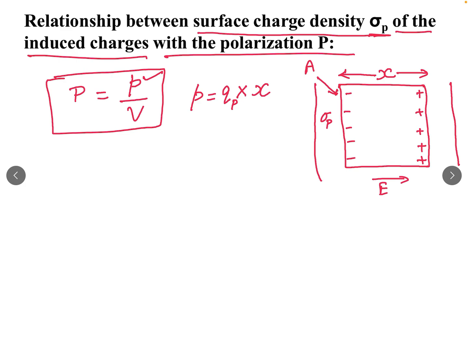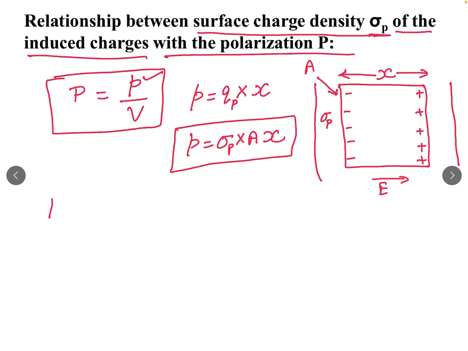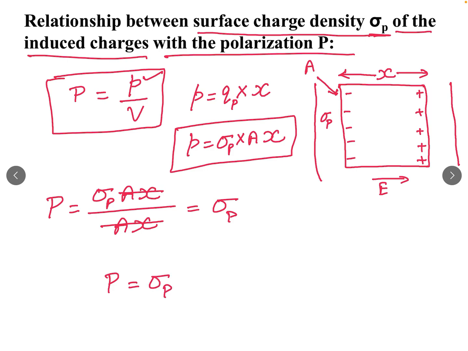Charge means sigma into A. So the dipole moment p is equal to sigma p into A into X. So polarization P is equal to sigma p A X upon volume, area into distance. So AX and AX will be cancelled, hence polarization P is equal to sigma p. This is the relation between polarization and surface charge density.